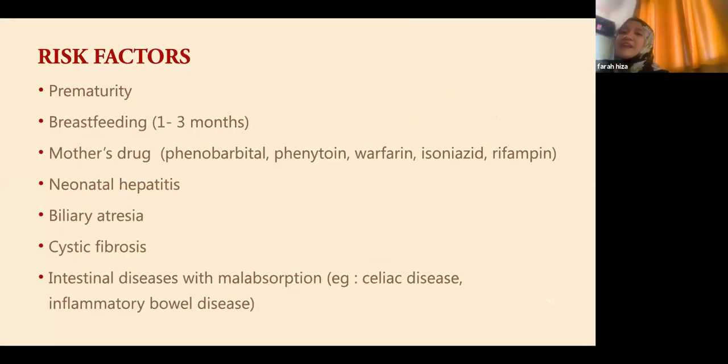Okay, so basically the risk factors for VKDB are, first, prematurity and breastfeeding because of the milk content. Then maternal drugs such as phenobarbital, phenytoin, warfarin, isoniazid, and rifampin. It is said that these drugs have a structure similar to, for example, warfarin.